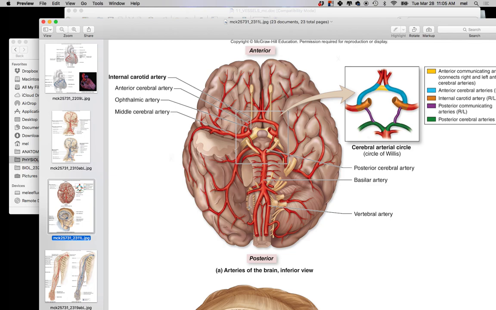Okay, so what is this related to the brain stuff that you learned before? These two right here are the cut internal carotid arteries that came up through the carotid canal, okay? They're going to come in right there by the optic chiasm and the pituitary gland and deliver blood up to the brain. Good? Okay?